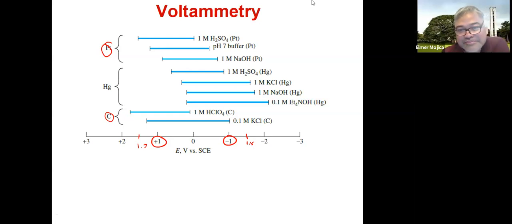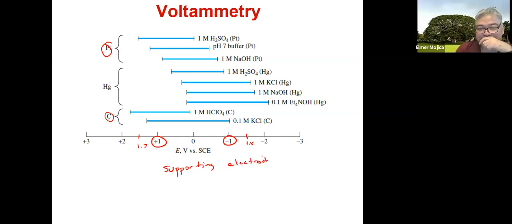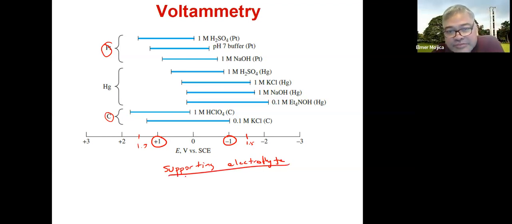So that's one of them. But here, usually, I'm not sure, but I know in most of them, I ask them to look at what is the best supporting electrolyte to be used. Some of them use a salt. So that is what you need to look at when you write them into a paper.